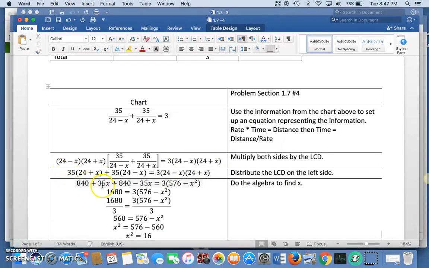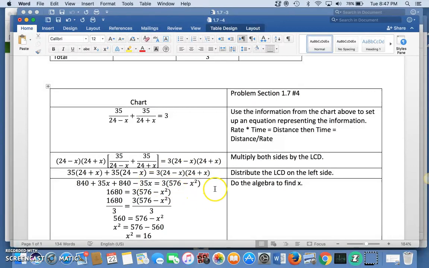Use your distributive property. 35 times 24, 35 times x, 35 times 24, 35 times negative x. For this, outer and inner cancel, so you would have 24 squared, which is 576, minus x squared.